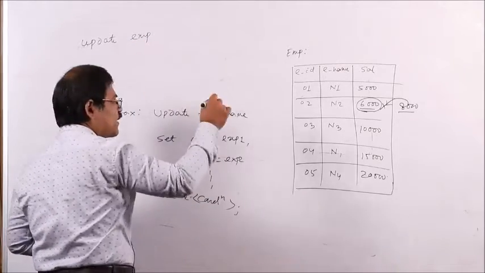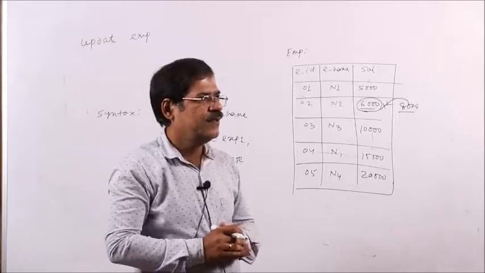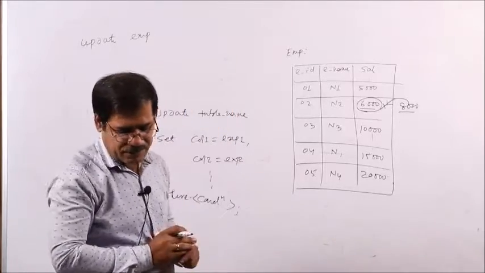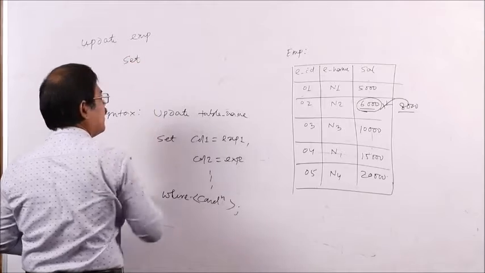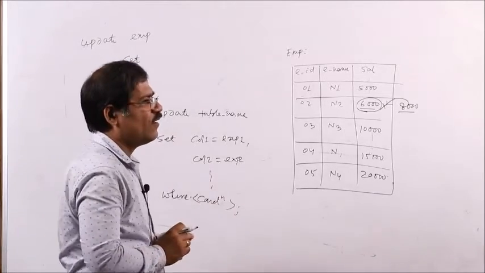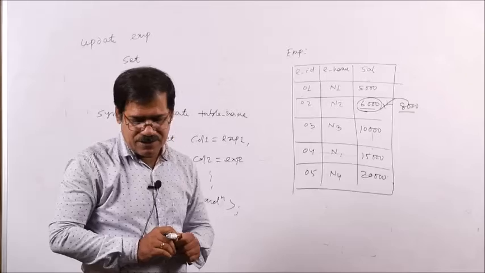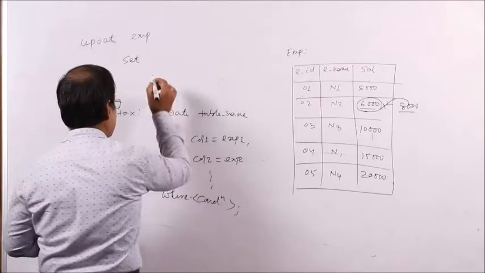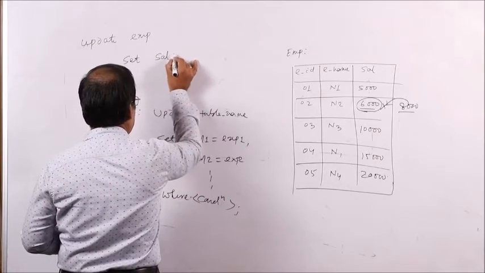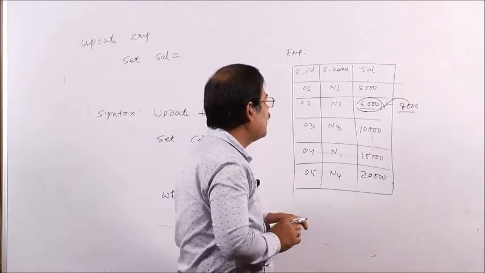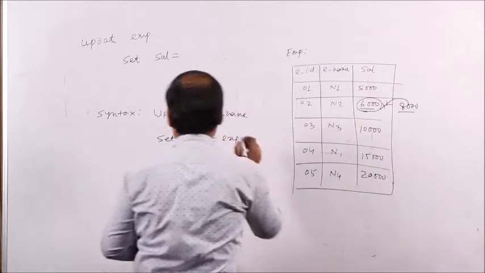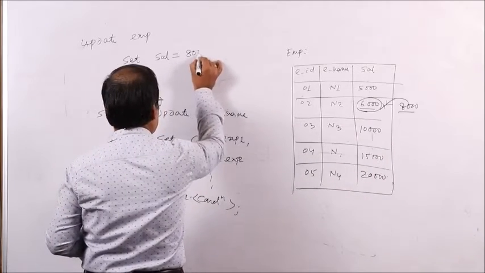I want to update the table EMP, so you write the table name here. Set, which column? Set the column value, so write the column name. So, set salary equal to what value will I set? I will set 8,000. The salary is set to 8,000.